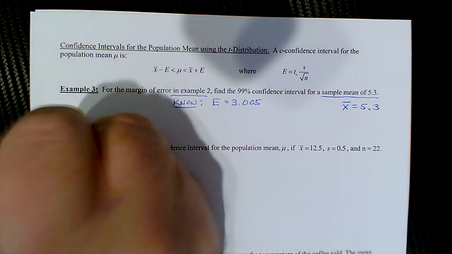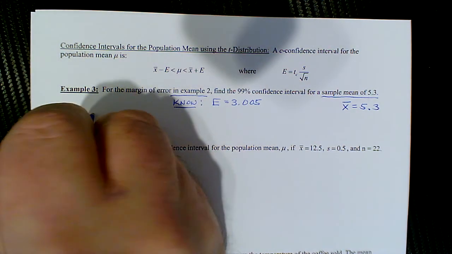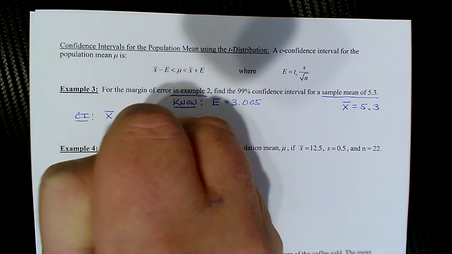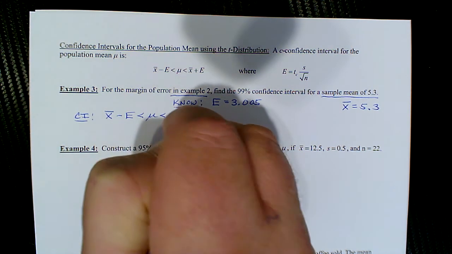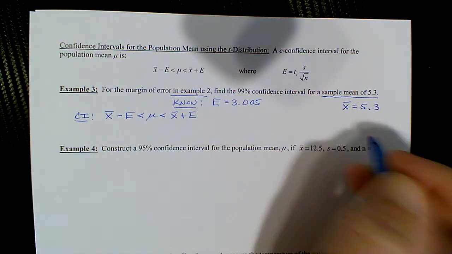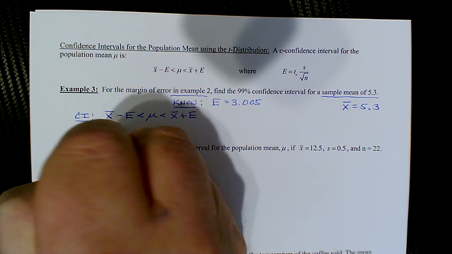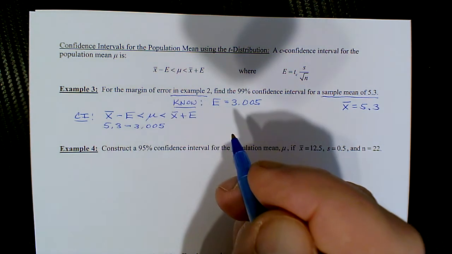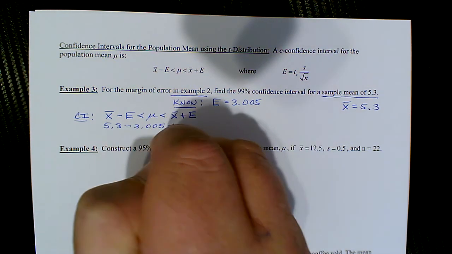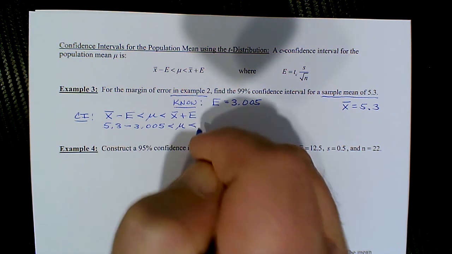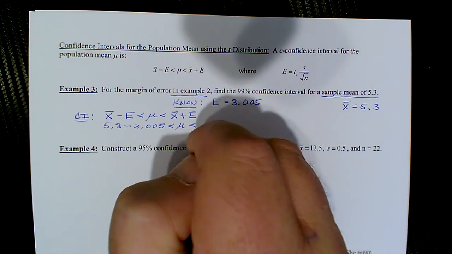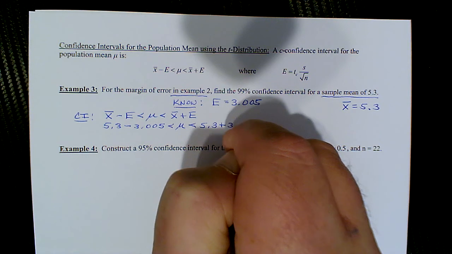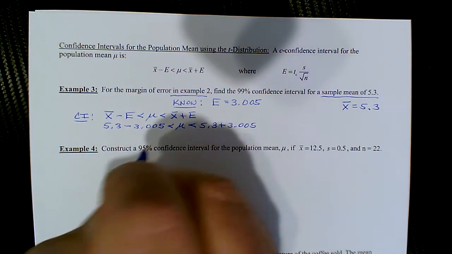So now for the confidence interval, X bar minus E is less than mu, which is less than X bar plus E. X bar was 5.3 minus the margin of error that we found to be 3.005, is less than the population mean mu that we're trying to estimate, which is less than the sample mean, once again 5.3, plus the margin of error 3.005.